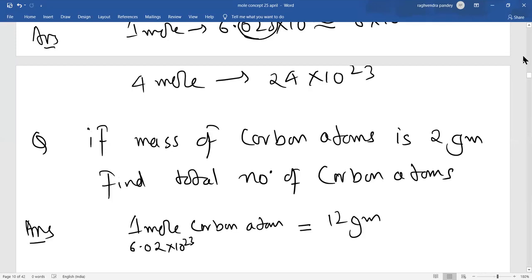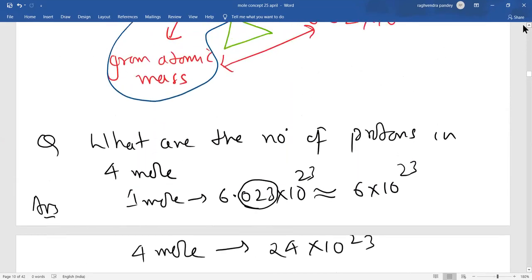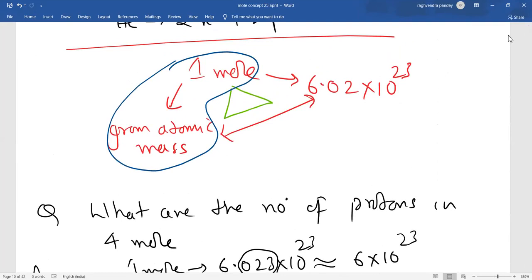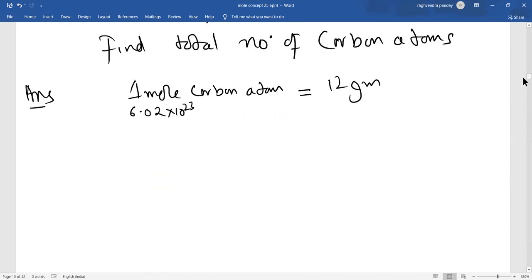I told you that is a relationship. 1 mole is your Avogadro number, and 1 mole is also equal to gram atomic mass. So 1 mole carbon atom, or you can say 6.023 into 10 to the power 23 carbon atoms, has 12 gram mass. Got it?